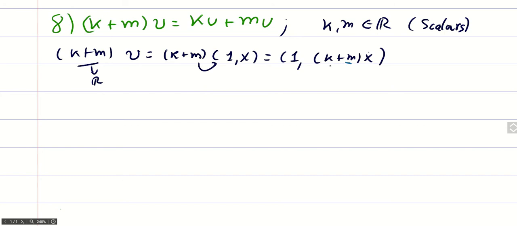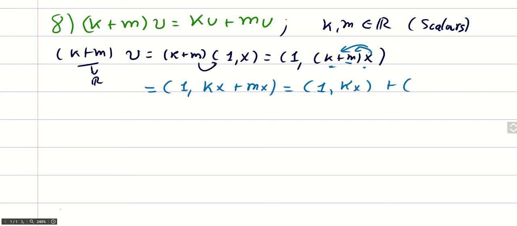All these are real numbers, so we can distribute the x over the parentheses, and what we obtain is (1, kx + mx). So this is the sum of two vectors, the vector (1, kx) and the second vector (1, mx). But this is just ku plus mu, as the eighth axiom expects. So yes.